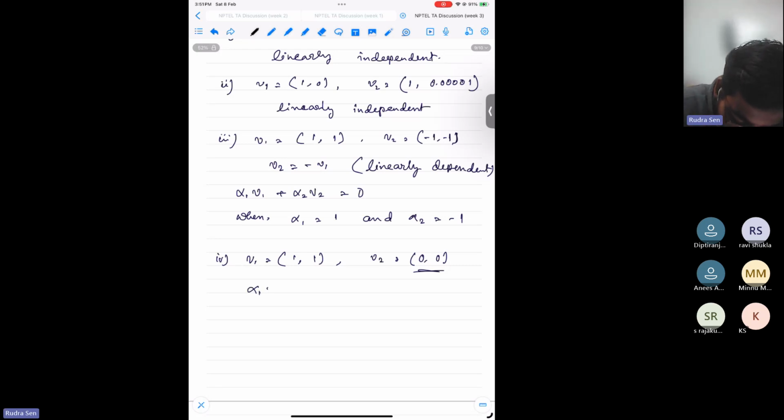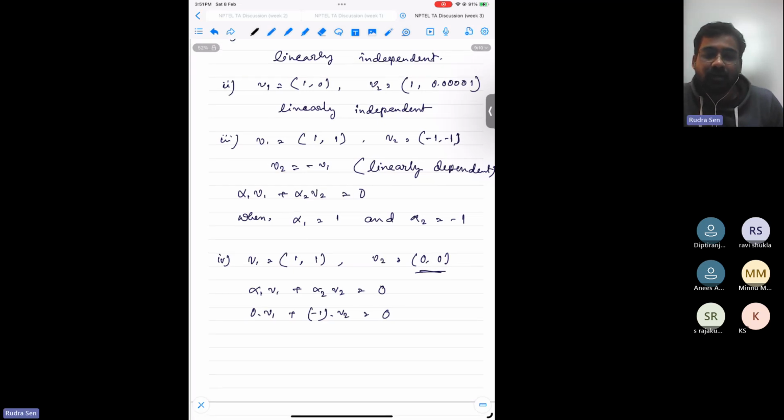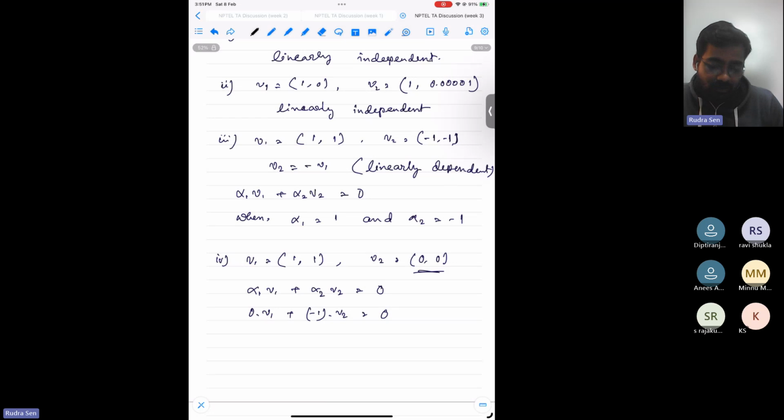If I say alpha 1 v1 plus alpha 2 v2 equals 0, I put 0 into v1, but I can put any non-zero value for alpha 2, let's say minus 1 multiplied with v2, and still I will get the 0 vector, because minus 1 is multiplied with the 0 vector. So alpha can be any non-zero or zero value. Because of the existence of the zero vector, these two are linearly dependent, not independent. Clear?